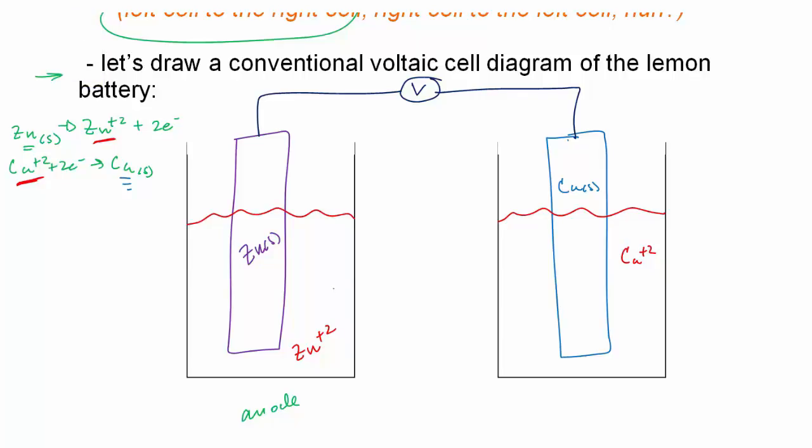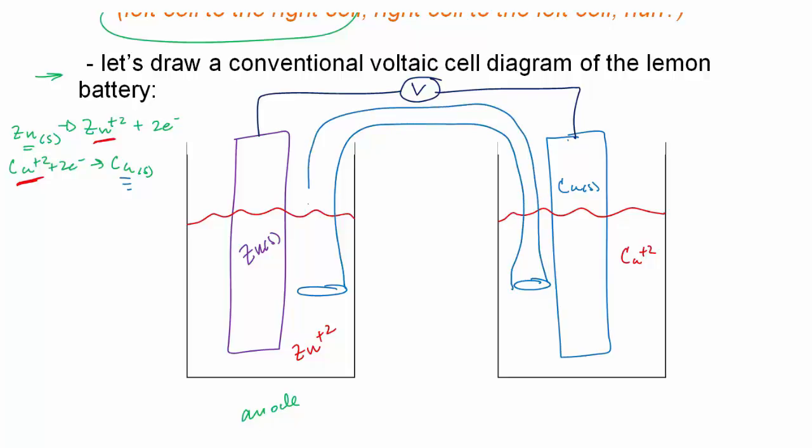We need a salt bridge. So we have this gel-like material that's just saturated with salt ions. Okay? So as the zinc solid is producing zinc plus 2, right? The zinc plus 2 is being produced.